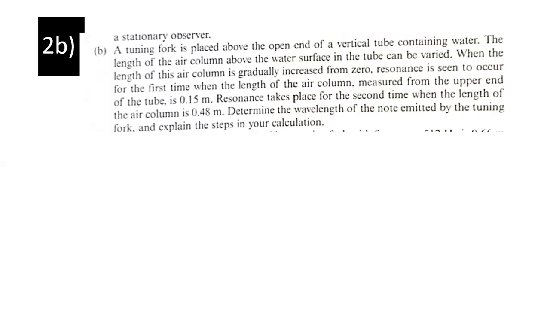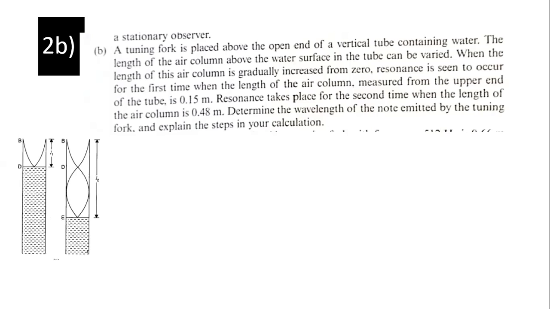When the length of this air column is gradually increased from 0, resonance is seen to occur for the first time when the length of the air column measured from the upper end of the tube is 0.5 meter. Resonance means you can hear a sound. Resonance takes place for the second time when the length is 48.8 meter. Determine the wavelength of the note emitted by the tuning fork and explain the steps in your calculation.